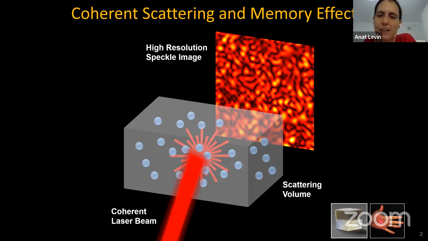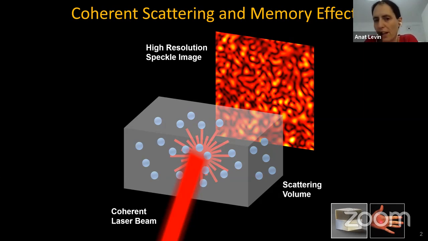This is called speckles. What happens here is that the scattering volume consists of particles with different refractive indices. When the light hits a particle with a different refractive index, it scatters, it changes its path. It changes direction, and effectively there is an exponential number of paths that the light can pass through this volume.